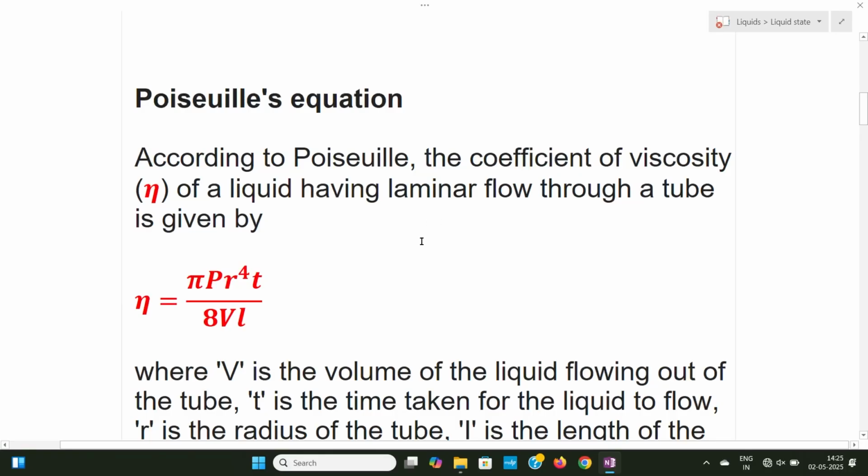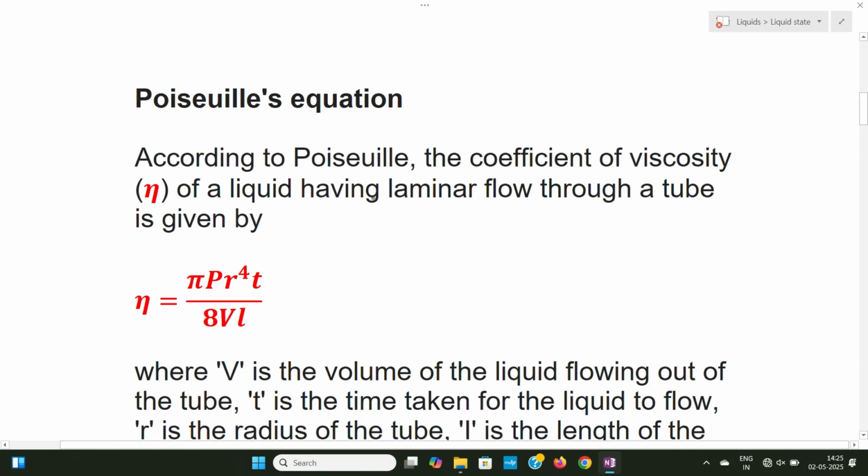Firstly, we will see what is Poiseuille's equation. Poiseuille's equation is used to find the coefficient of viscosity having laminar flow through a tube.